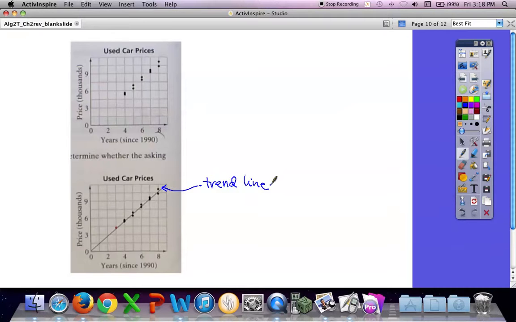If we wanted to turn that into an equation that would relate the price of a car to the years since 1990 for the model year, then we would take 2 points off of that line and do what we do to find equations of lines. You don't pick a data point, pick a point on the line.